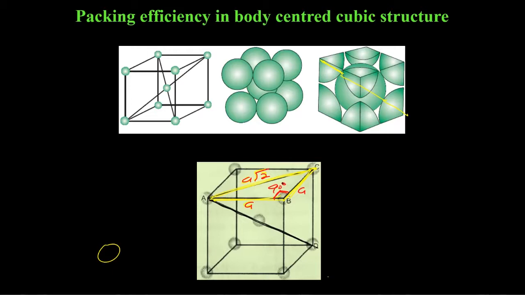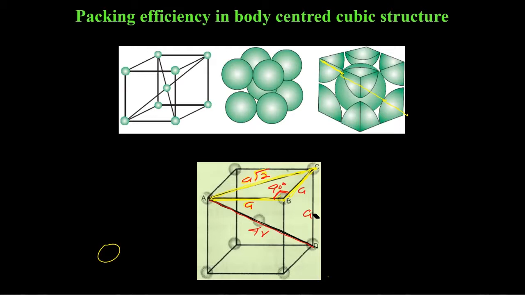So from here we got the face diagonal in terms of A. And this is something we know is 4r. And this side is A.